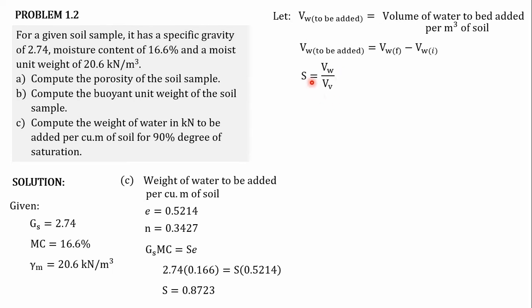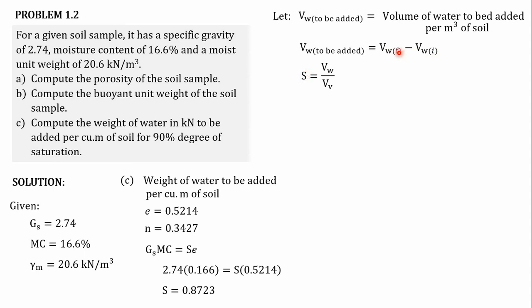So the degree of saturation is equal to volume of water divided by volume of voids. Okay? So ang aim natin is to solve the specific volume of water in final and initial. Okay? And then take note, may degree of saturation na tayo.